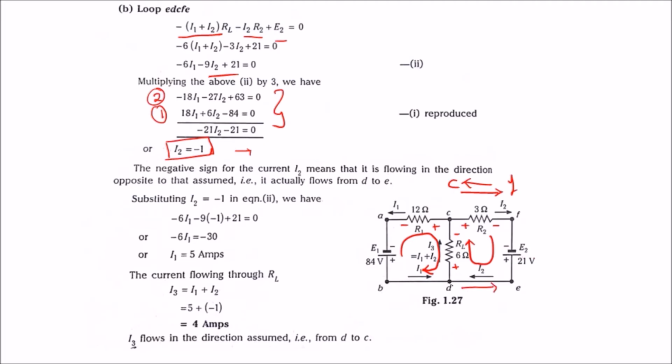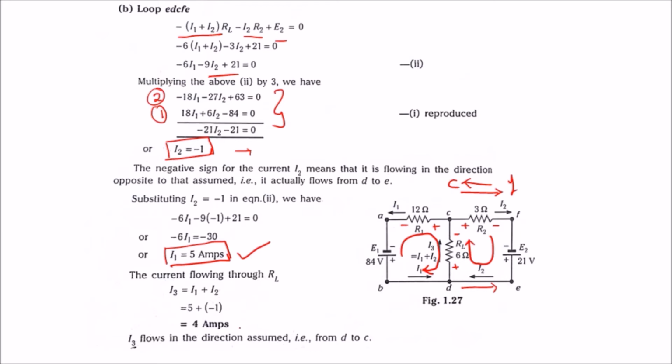Then we will substitute I2 in any one of the equations. We will take equation number 2, substitute I2 and find out I1. So I1 is nothing but 5 amps. Later we can calculate I3, that is the summation of I1 and I2, which is equal to 4 amps.